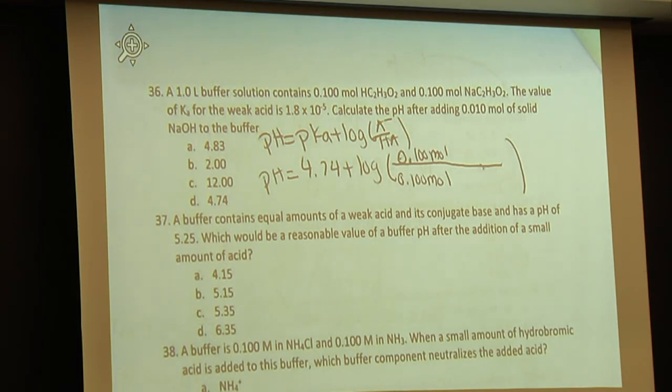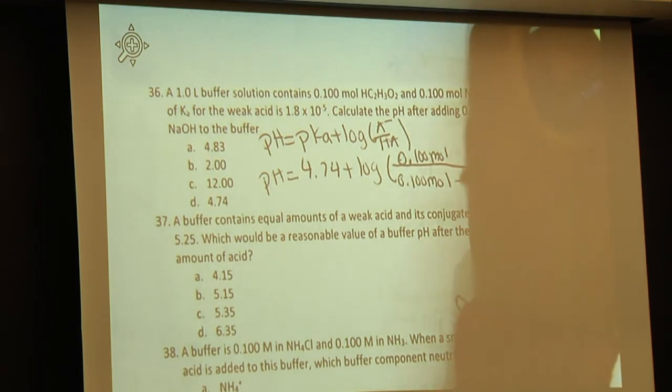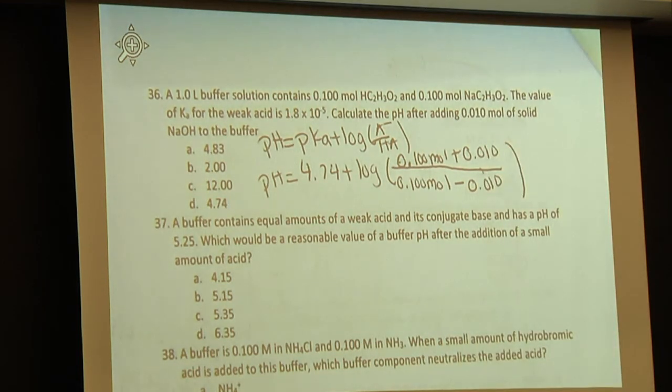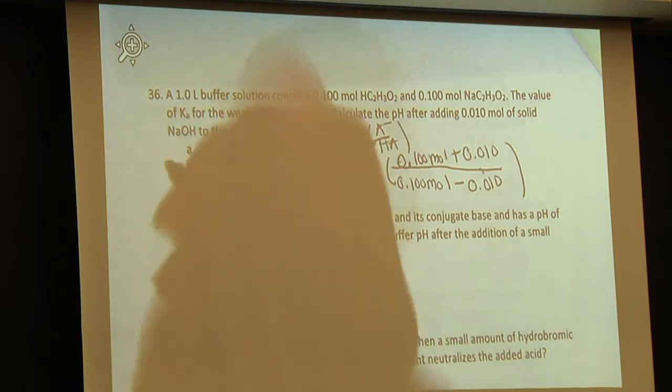So it would be subtracting from the acid. So I'm just going to go ahead and subtract 0.01 from the bottom and add 0.01 at the top. When you do that, you're going to get the answer for 36 to be A.